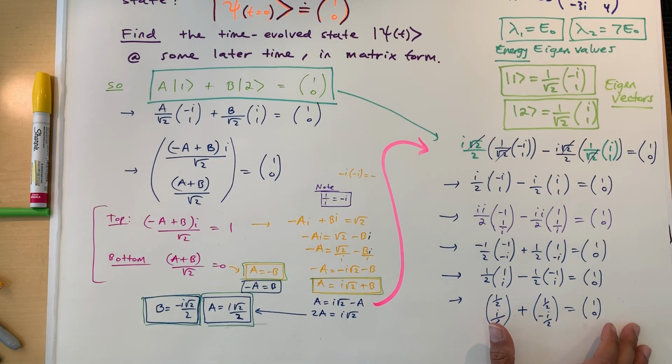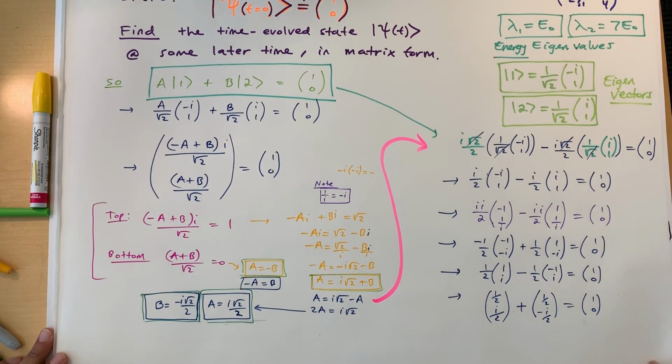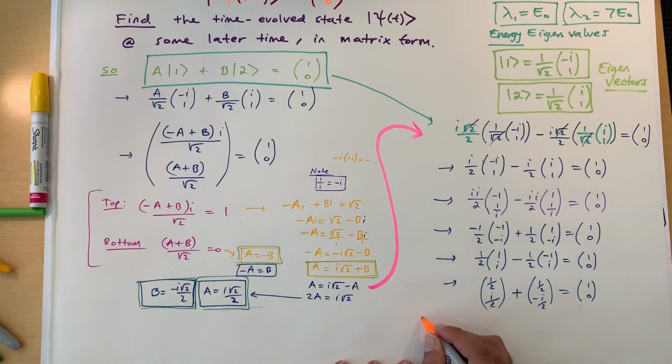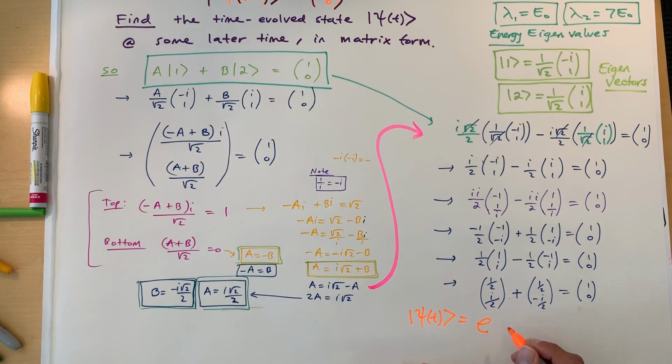All right, so we have the vectors, we have the constants that we need. Now let's write out the time evolved state properly. Okay, and so we have the wave function at a later time is going to equal e, right, to the negative i E naught t over h bar, right?